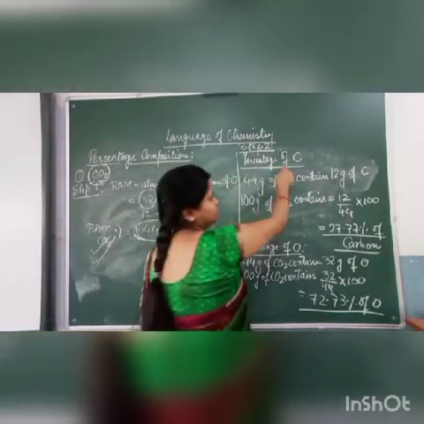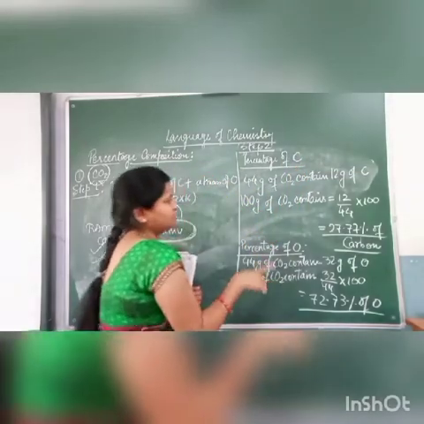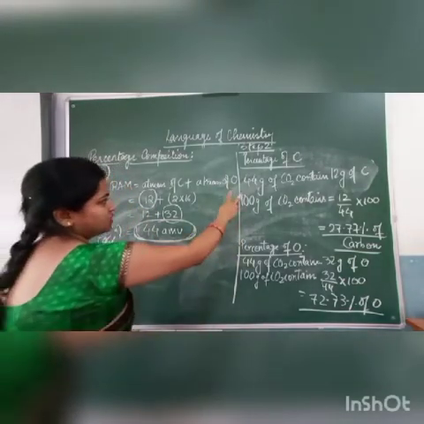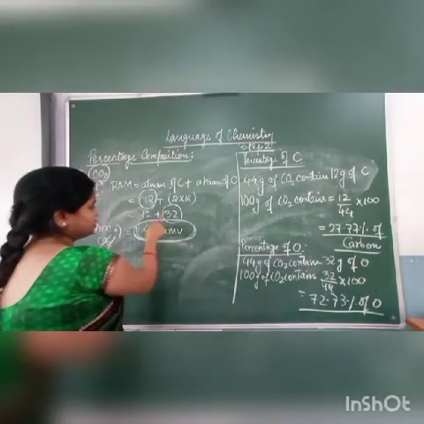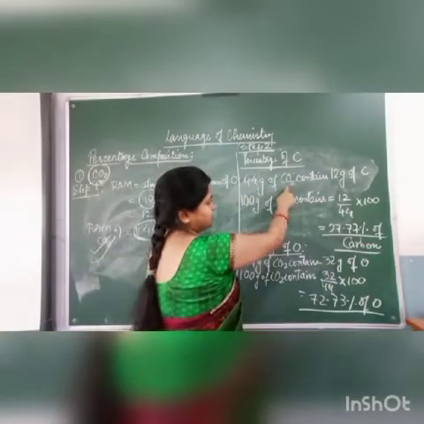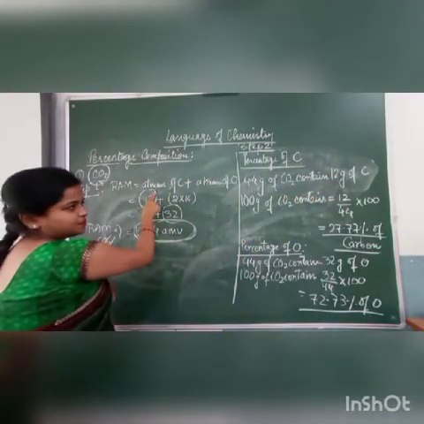The same steps you have to follow in all the cases. Total relative atomic mass here is 44, so 44 gram of carbon dioxide contains 12 gram of carbon.